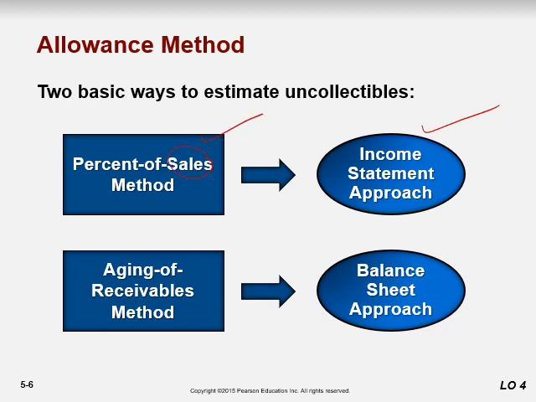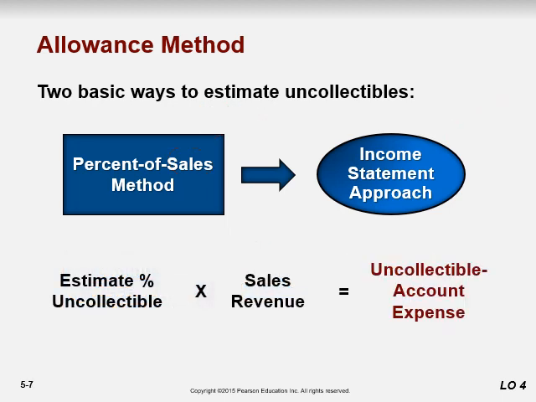The aging of receivables method is a balance sheet approach, since receivables are part of the balance sheet. Let's first talk about the percentage of sales method. It's simple: if sales are 1 million, 1% is 10,000, right? Simple.